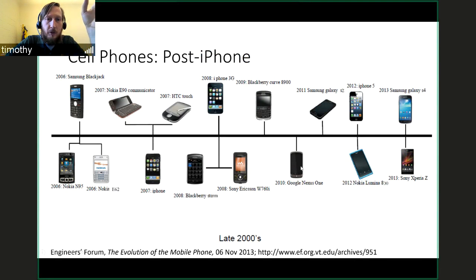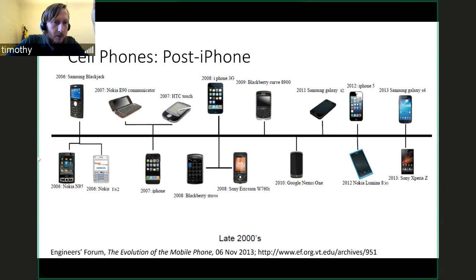Then we had the big paradigm shift. We had the first iPhone that came out, and the iPhone really changed everything. And when the iPhone first came out, it was revolutionary because it was no longer what a phone looked like. It no longer was just a simple input method.